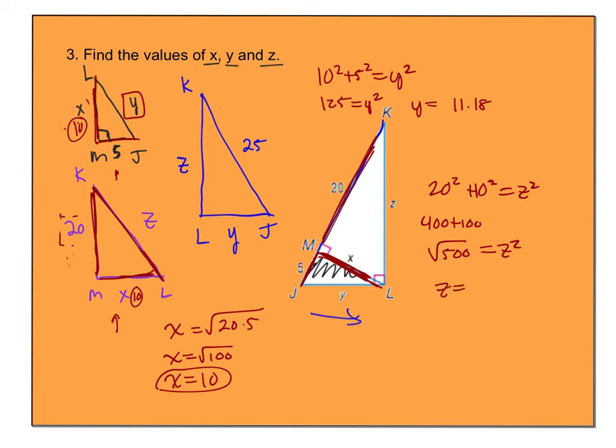So Z would equal 22.36. So we've got X, we've got Y, we've got Z, we've answered all the questions. And a big piece here was recognizing, wait, this is my altitude, and it's going to be the geometric mean between 20 and 5. Okay.